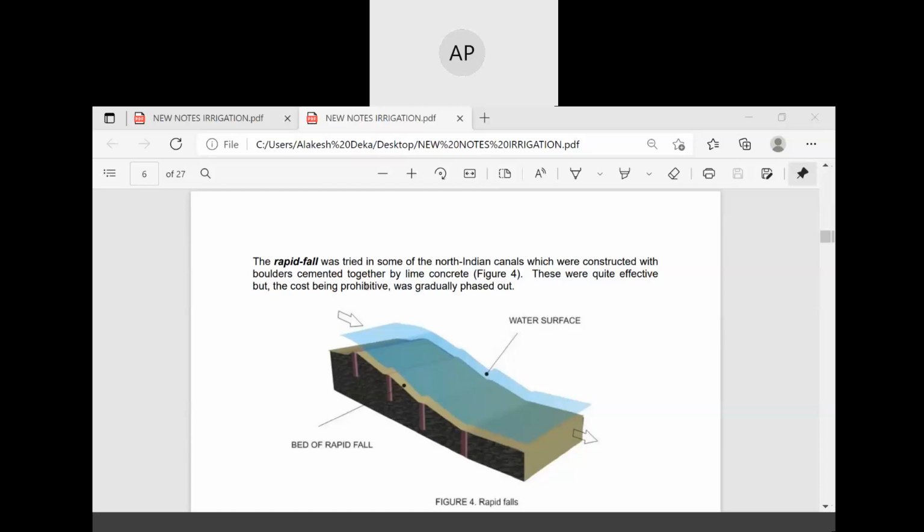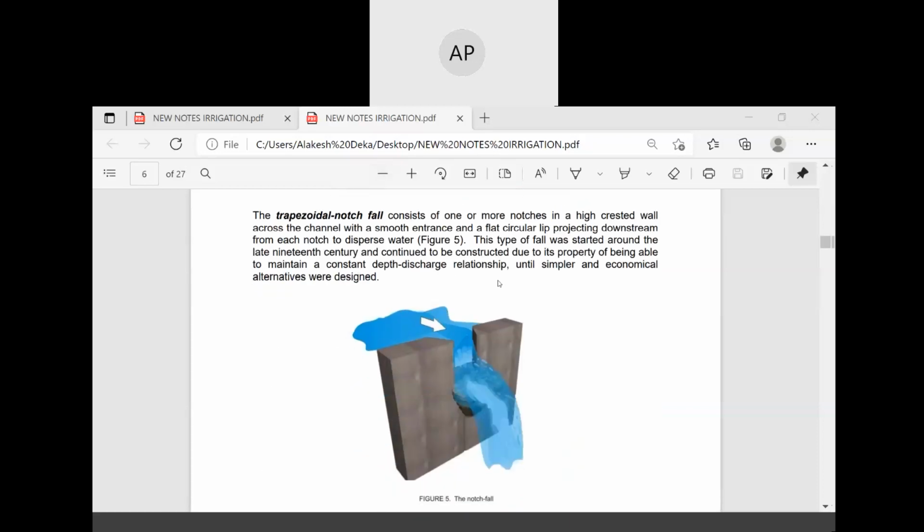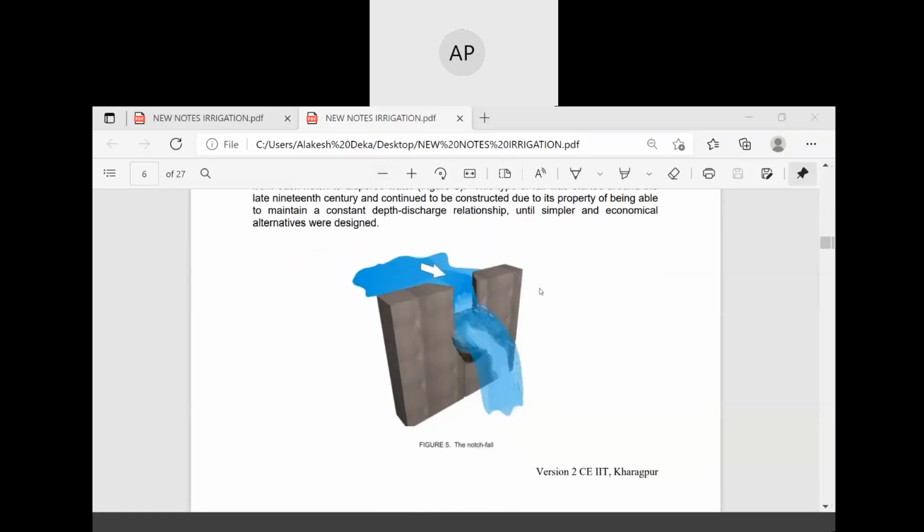These were quite effective, but the cost being prohibitive, they were gradually phased out. And the trapezoidal notch fall, that means this cross section is trapezoidal in shape.